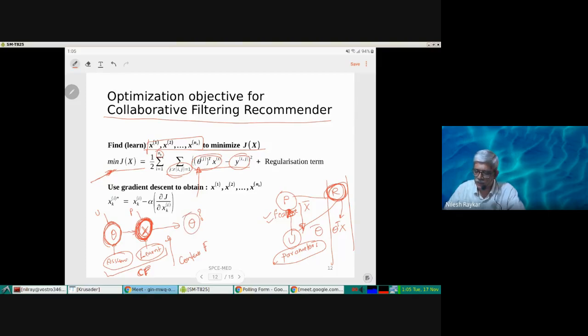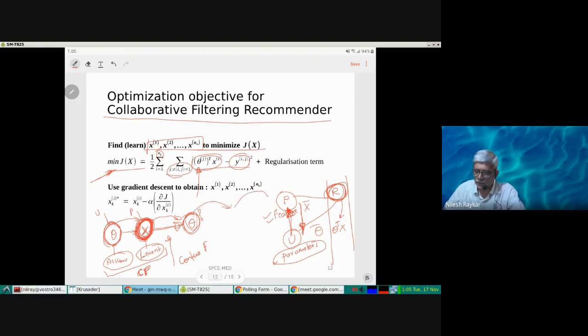The collaborative filtering goes from user to product, and content-based goes from product to user. So using this rough estimate of the book feature vector, we apply the content-based filtering and you obtain a new estimate for theta. This is likely to be better because now we have reduced the error in this first step. In the second step, you are going to further reduce the error.